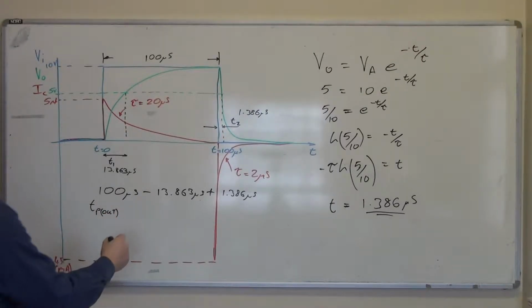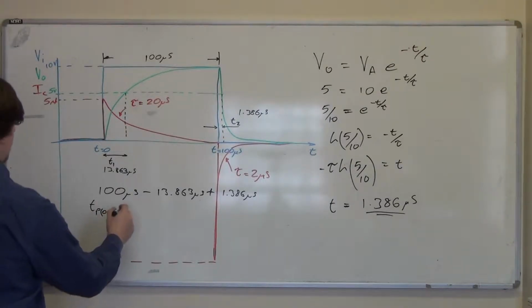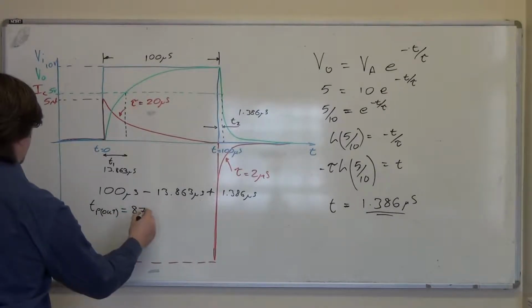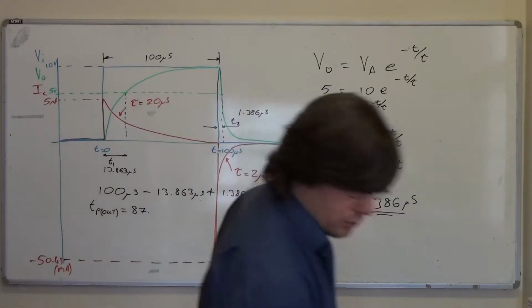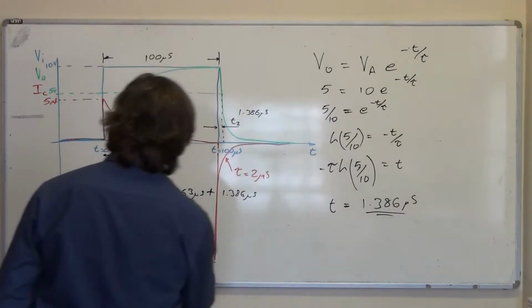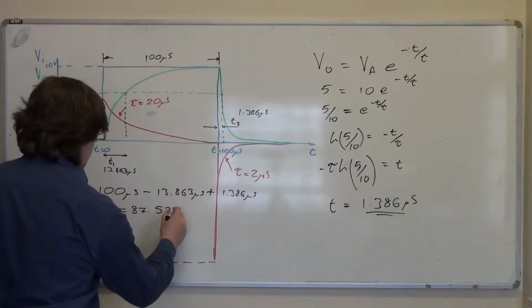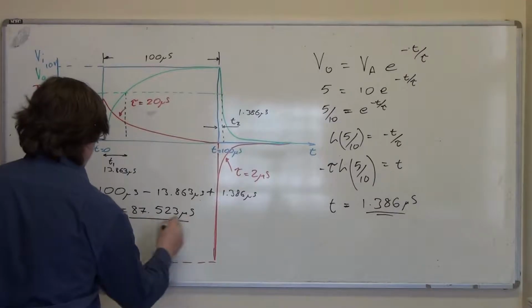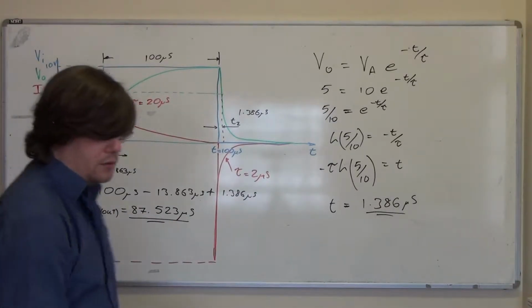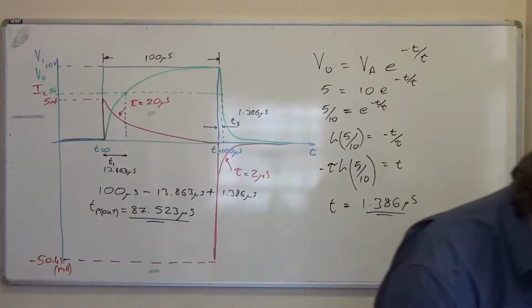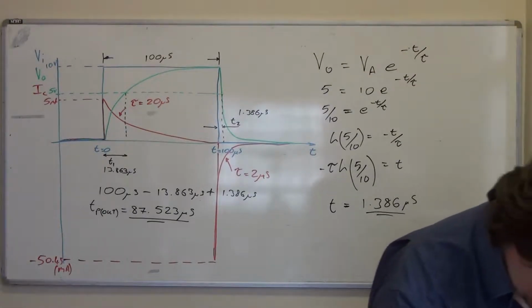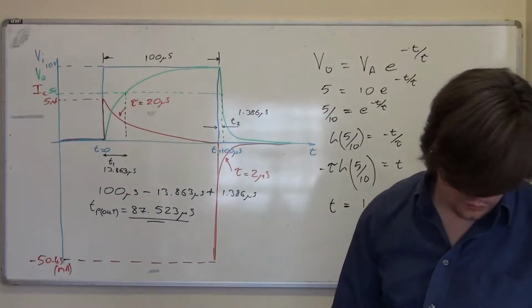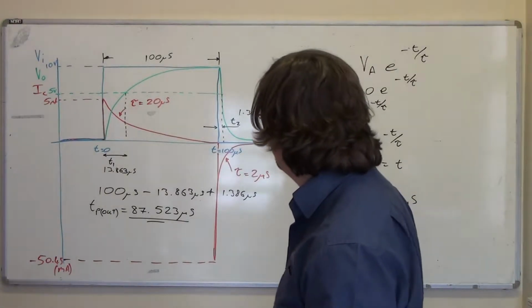That's the output pulse width, or the length of the output pulse width is 87.523 microseconds, and that's what the question is asking for, and the answer that's given on the sheet is 87.53.